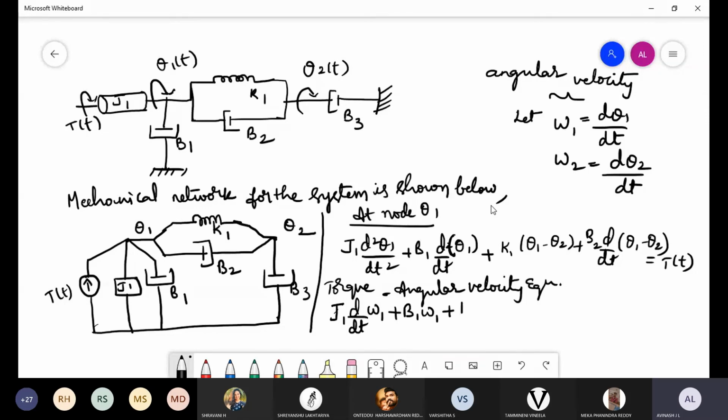Plus K1 into, since there is no differentiation, we will convert theta into integration, that is 0 to t, omega 1 of tau minus omega 2 of tau d tau, plus B2 into omega 1 minus omega 2, that is equal to T of t. This is the torque angular velocity equation.